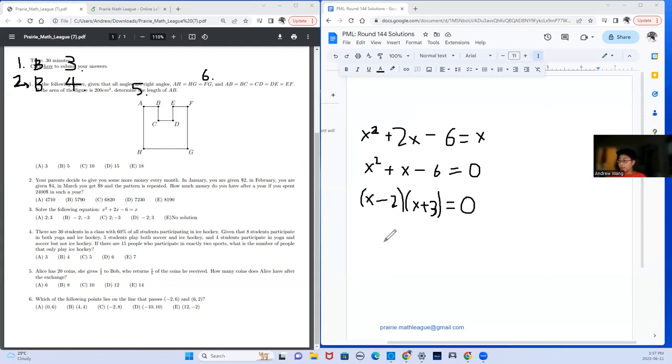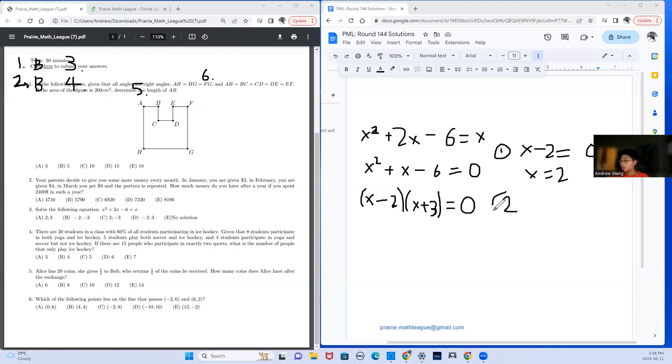So if x minus 2, this bracket, we set it to 0, when we solve it, x will equal 0 plus 2, so x equals 2. That's one solution to this equation. There is another, however.